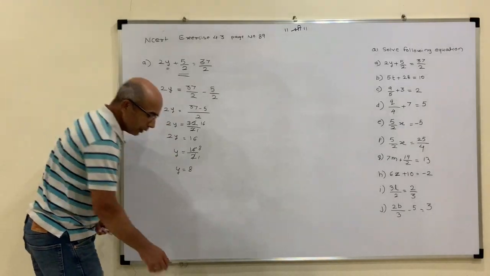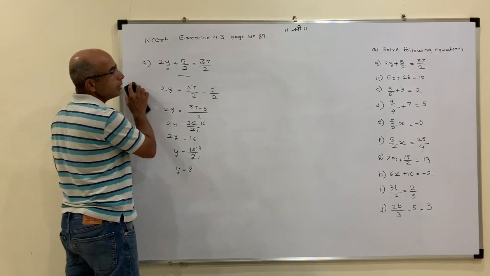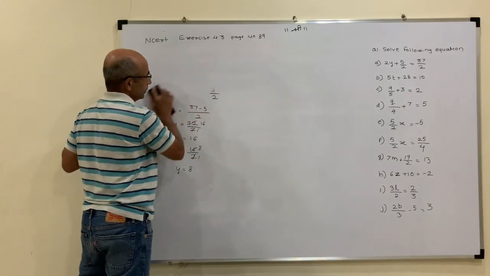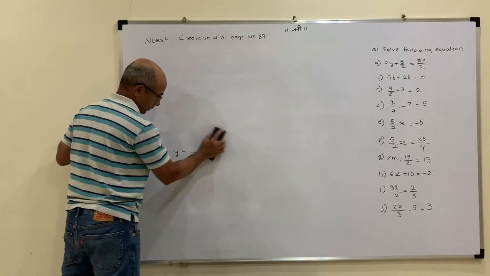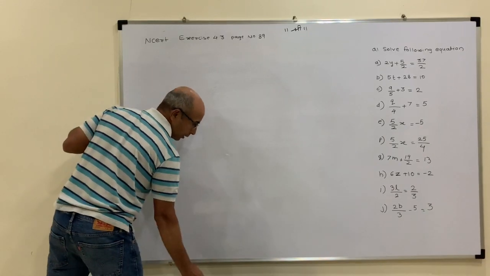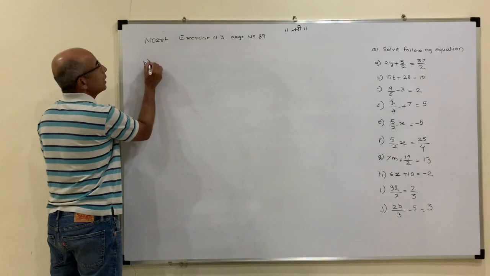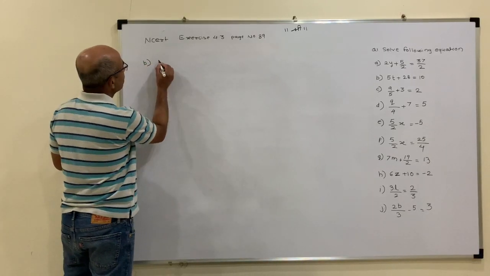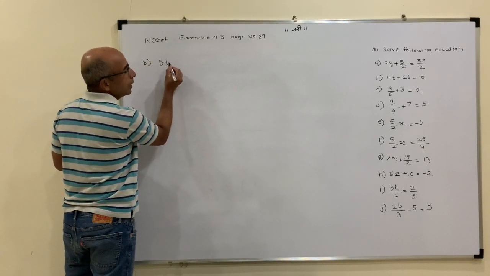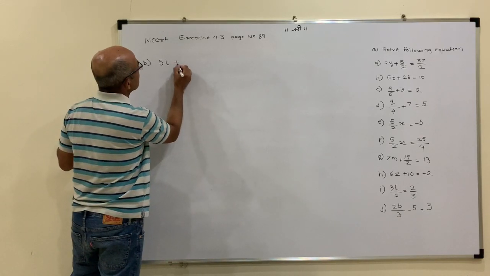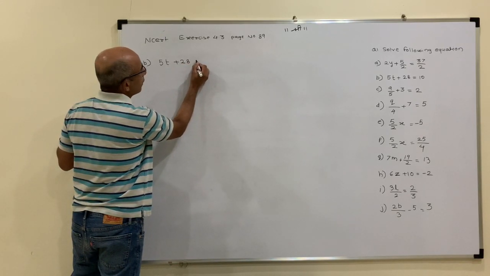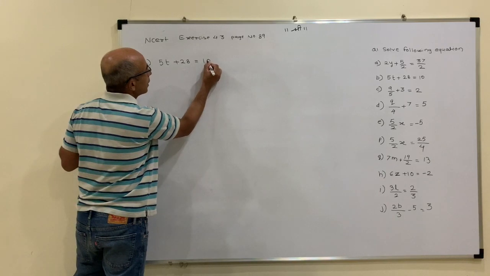So now we solve the problem B. B is 5t plus 28 equals 10.